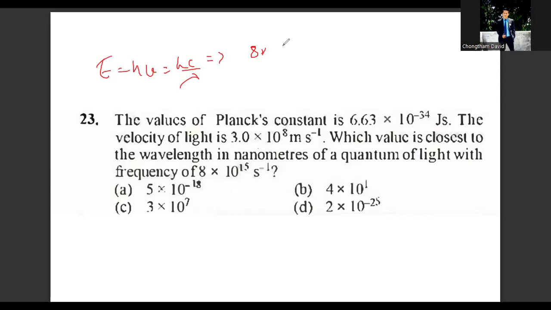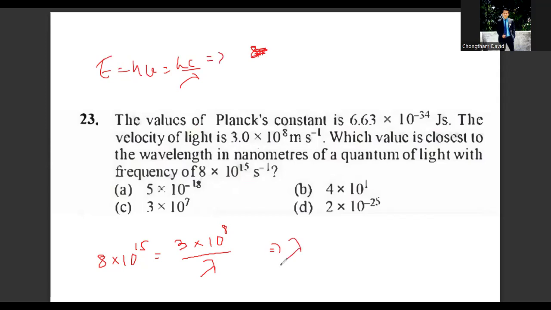You're given 8 into 10 to the power 15. This is the frequency, and speed of light 3 into 10 to the power 8, divided by wavelength.